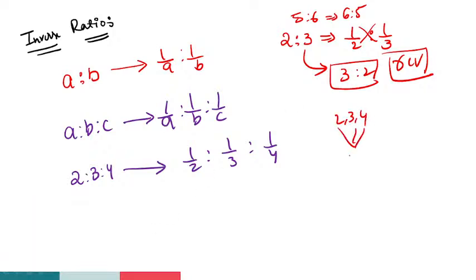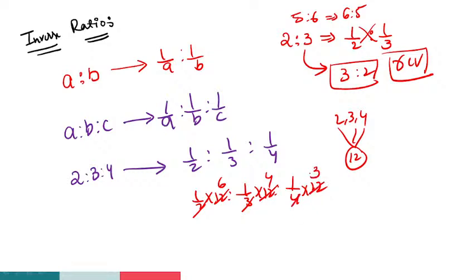What is the LCM? 12. 1 by 2 into 12 is to 1 by 3 into 12 is to 1 by 4 into 12. Let me calculate: 2 ones are 2, 6; 3 ones are 3, 4s; 4 ones are 4, 3s. The final answer here is 6 is to 4 is to 3. Clear, all of you? How to find out the inverse ratio?